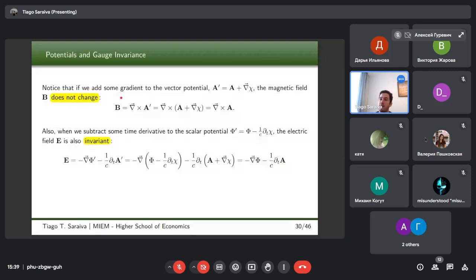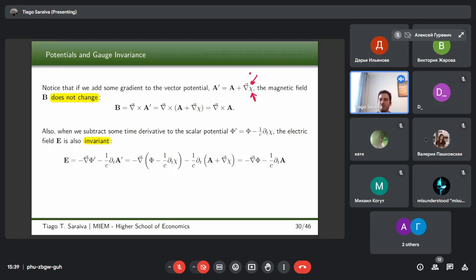So now let's make a game here. Let's say we change the vector potential by adding a gradient of something. This Greek letter is chi, okay? So let's call this scalar chi a gauge, okay?